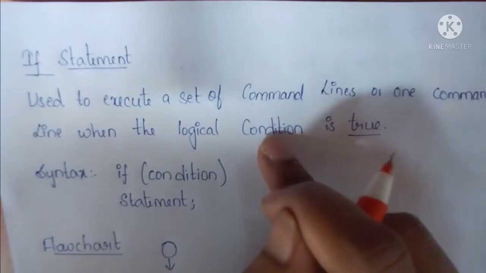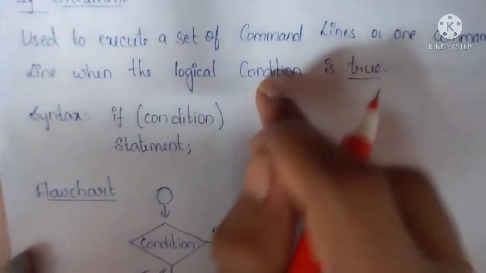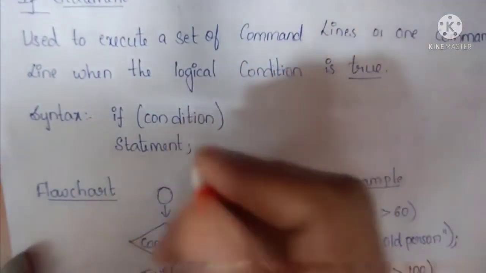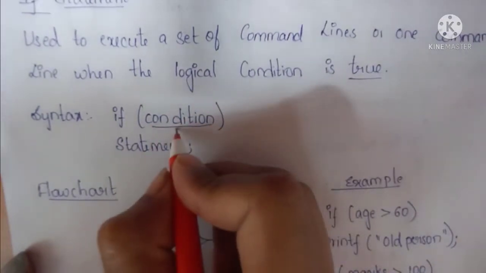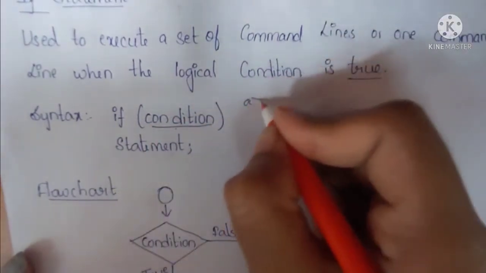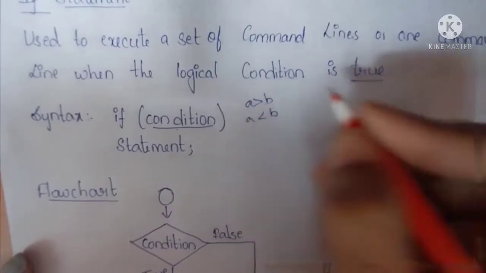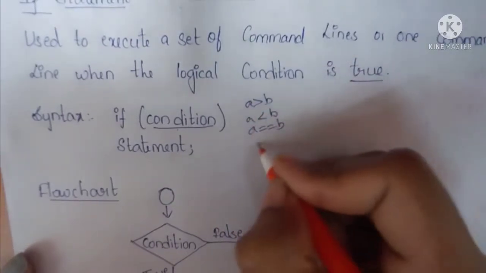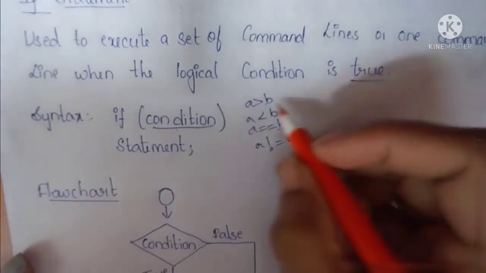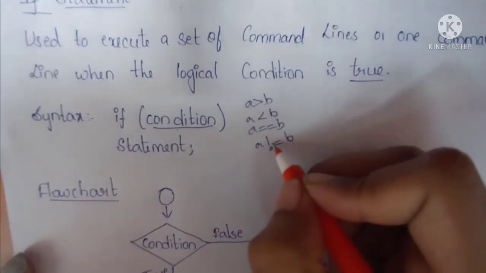We'll see the syntax for the if statement, that is if condition. Here you have to write the condition, that is you can use A is greater than B, A is less than B, A equal to B, A is not equal to B. These are the conditions we are using.